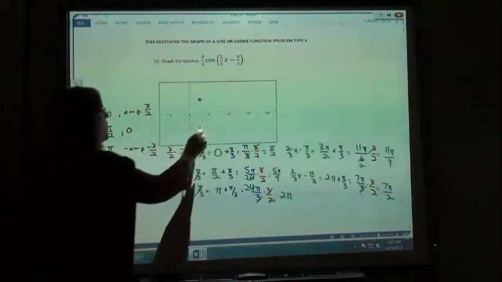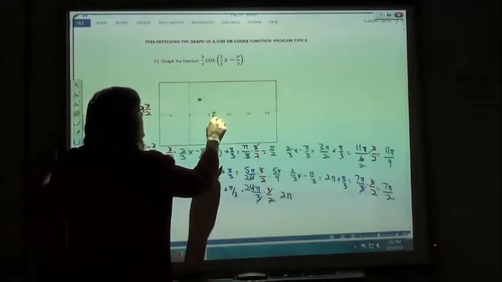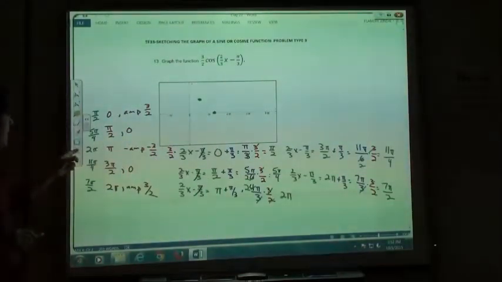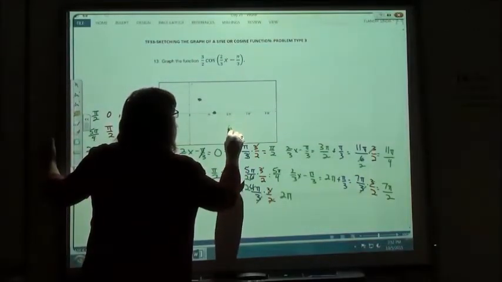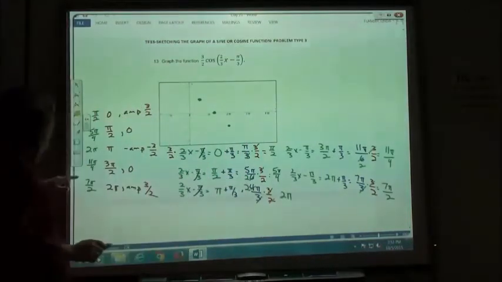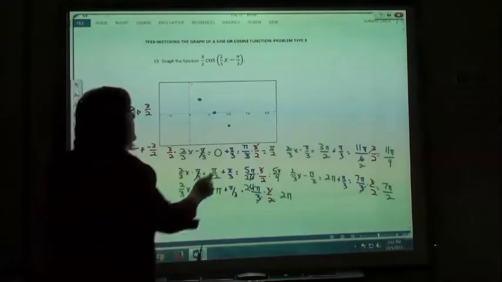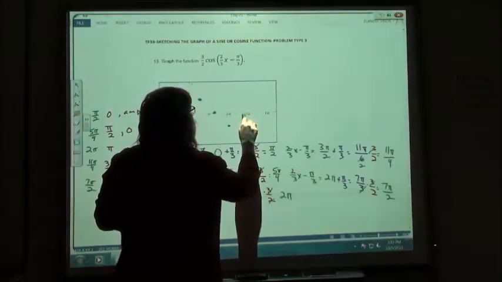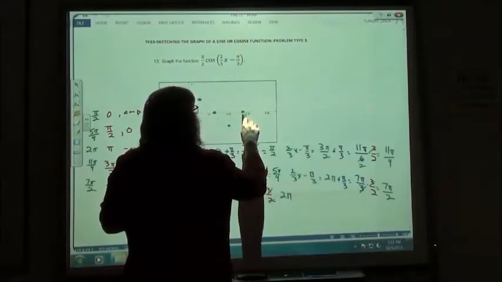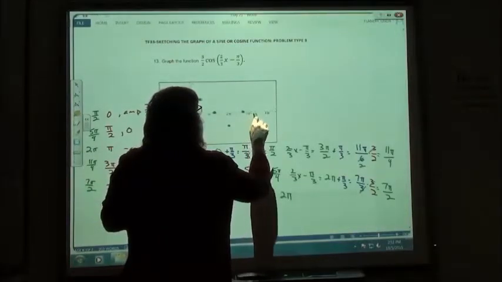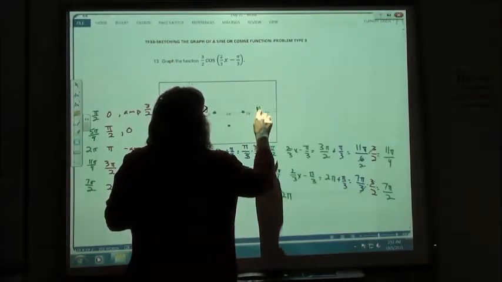5 pi over 4, so 4, 5. I'm going to cross at 0. 2 pi is going to go down to negative 1.5. 11 pi over 4, that'd be 8, 9, 10, 11. We'll cross right on the line. And 7 pi over 2 would be 14. 11, 12, 13, 14, going to be up to 1.5.